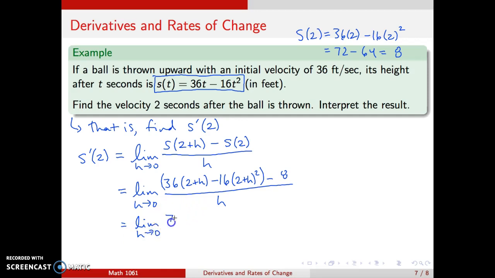And so we've got 72 plus 36h minus, now we'll do a little bit of scratch work here.